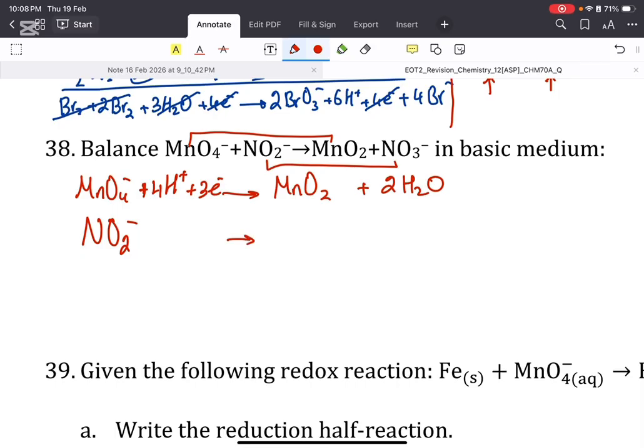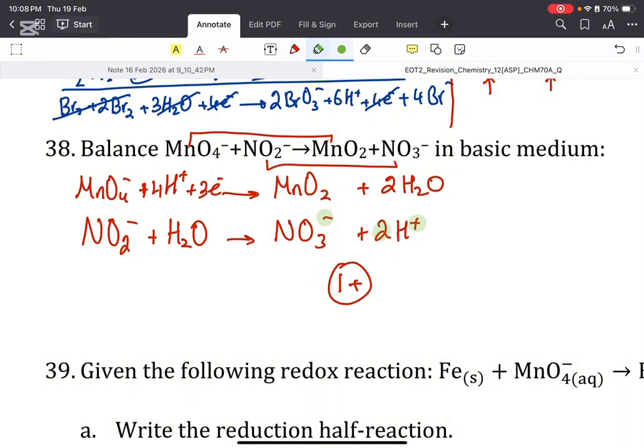Next, NO2 minus giving NO3 minus. 1N, 1N, balanced. 2O, 3O. So I have 1 oxygen missing over here. Now, I have 2 hydrogens, so I'm gonna add 2 H pluses over here. Now let's count the charges. 1 minus and 2 plus, that's a 1 plus.